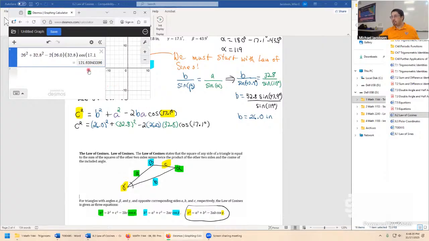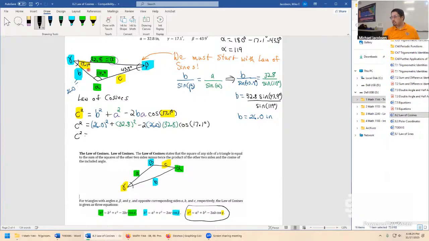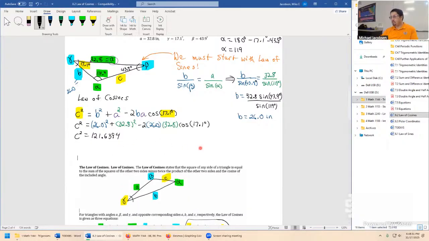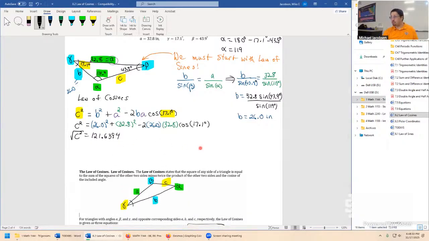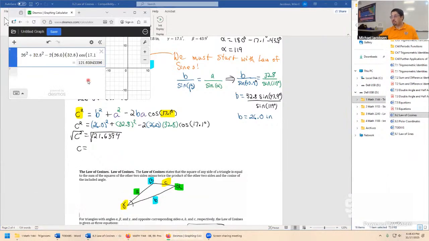So that gives us 121.6394. C squared is 121.6394. But the next thing we immediately do is take the square root of both sides. Often there's a positive or minus here, we've mentioned before, but C has to be a positive length. So we just immediately take the positive root.